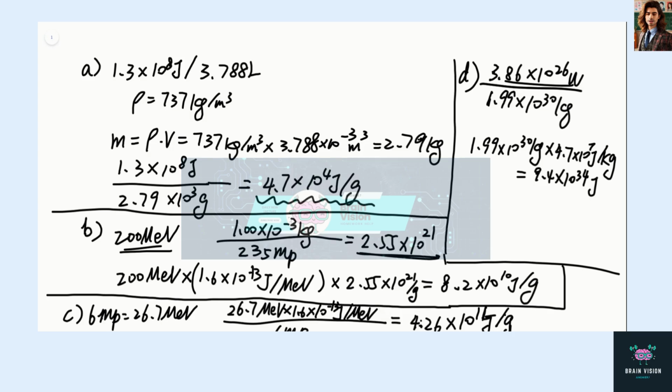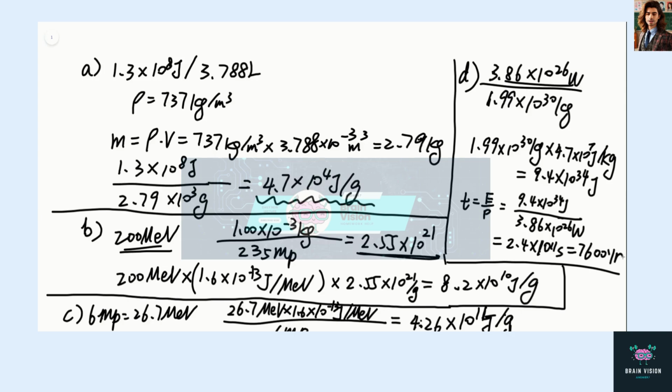So if we want to know the total time that it can last, time equals energy over power. The energy is 9.4 times 10 to the 34 joule, and power is 3.86 times 10 to the 26 watt. If we do this, we will find the total time to be 2.4 times 10 to the 11th second, or 7,600 years.